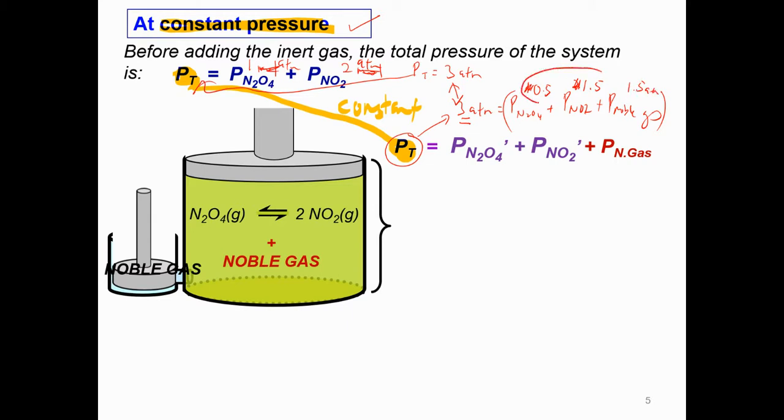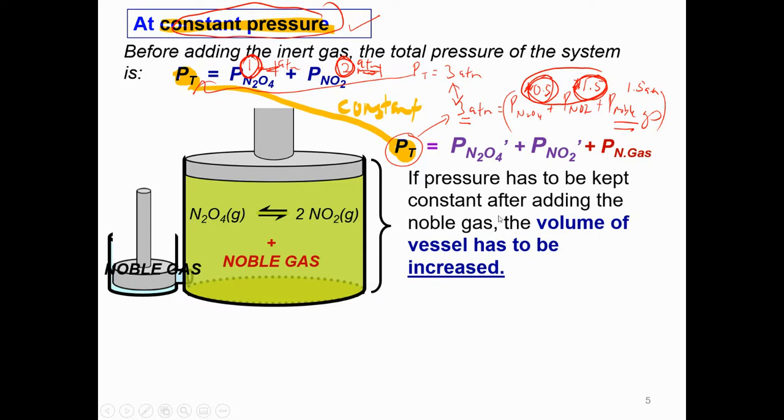So we can see here, it has reduced from initially 1 to now 0.5, because we add in noble gas and in order to maintain the constant pressure.